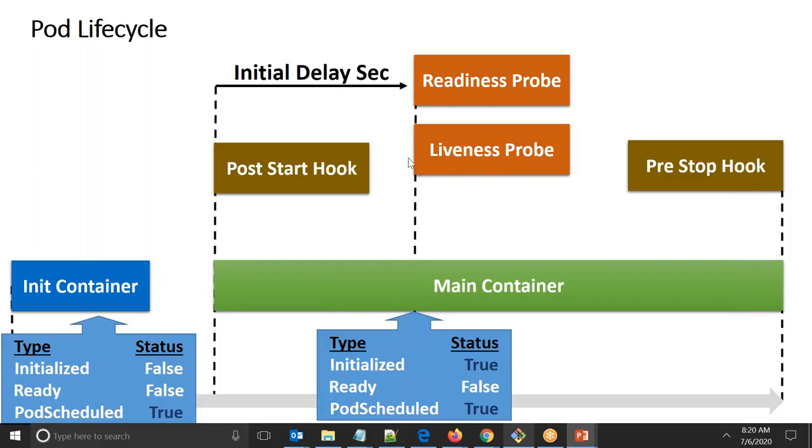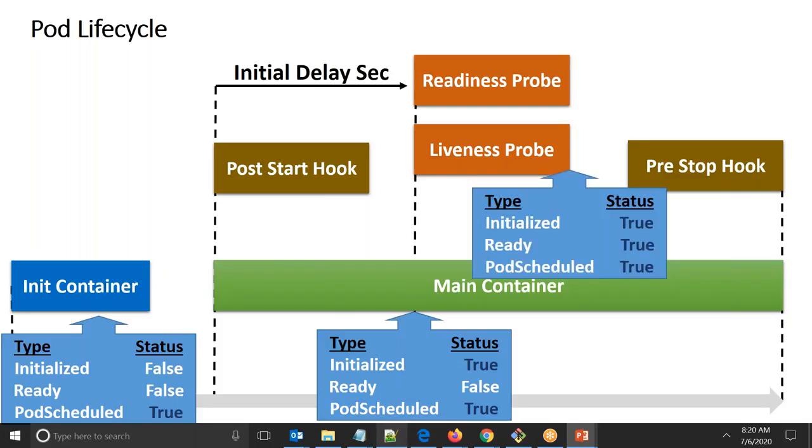Only when your first health check completes, it will be considered as initialized true. And it is going to be considered as ready only when the first liveness check even completes. After this, it will be mentioning it as ready. Okay. So remember this much. Getting it?